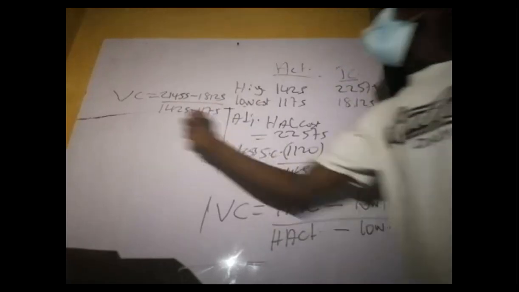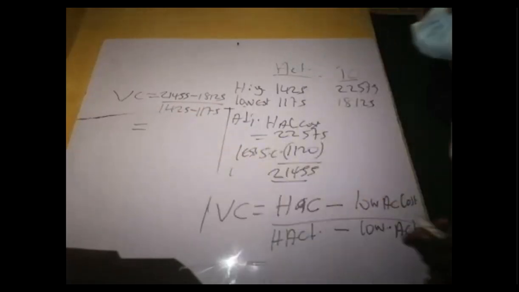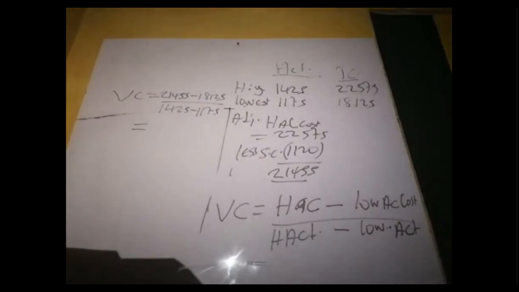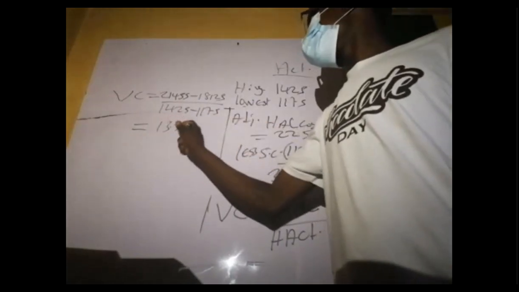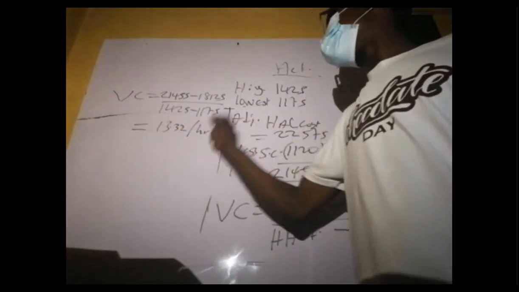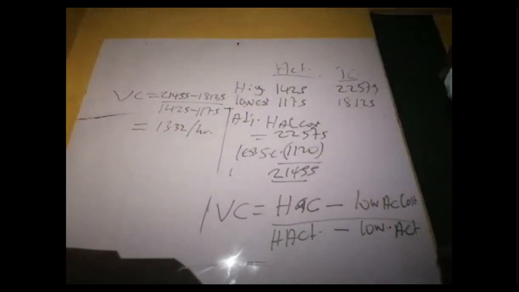Okay, and the answer would be 13.32 per hour. So that's the variable cost per maintenance hour. So we are done.